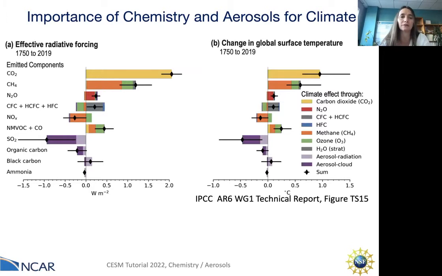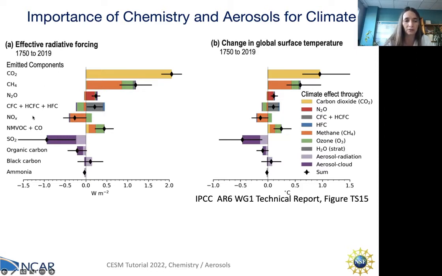And here's a slightly different view. This is the difference of the radiative forcing between pre-industrial and present day. Again, the main greenhouse gases have a very strong forcing, but looking at the precursors of ozone, whose effects are represented here in green, you do see that there is quite a bit of importance in ozone.